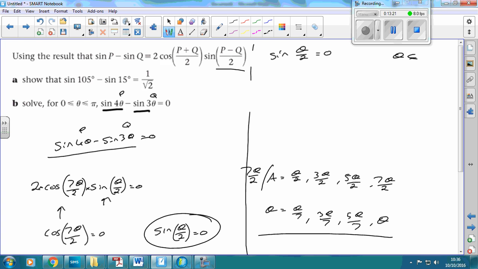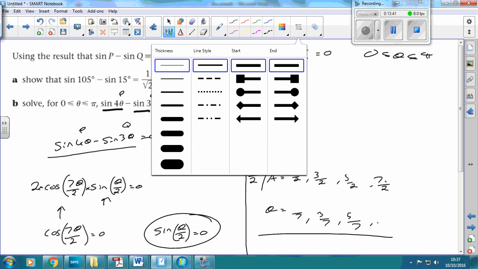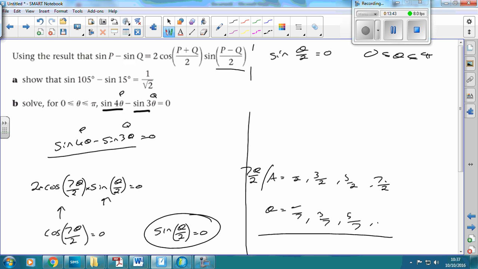So theta is in between pi and 0. Sorry, all of these, just realised that should be pi over 2, not theta over 2. Right, well done if you spotted that, it should be pi, not theta.